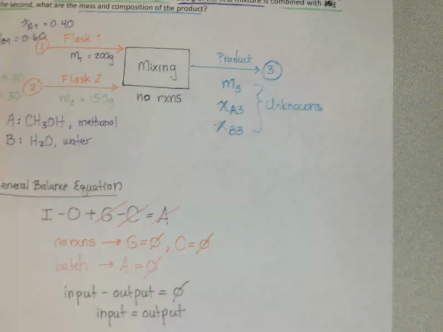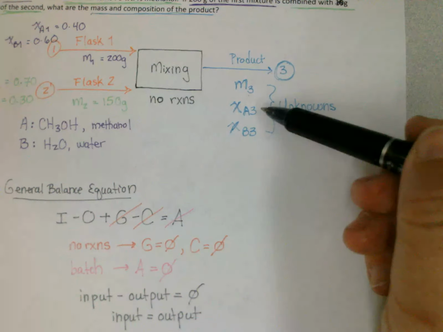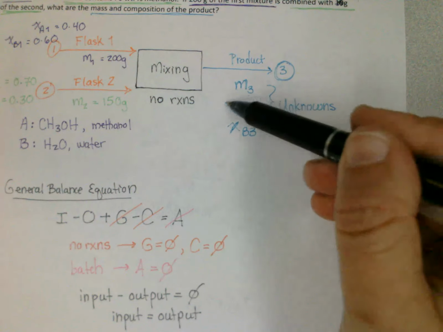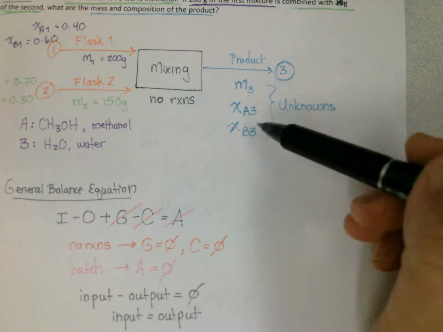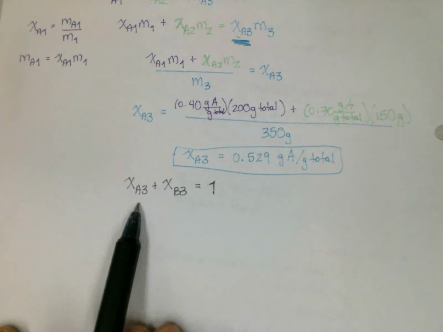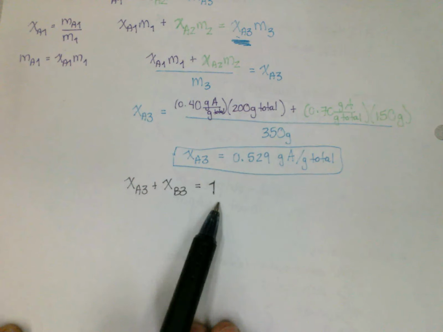So if we go back to our flow diagram, we can only have methanol and water. That's all we can have. So the total of these two must be 100%. So if they're in decimal form, that means XA3 plus XB3 must equal 1.